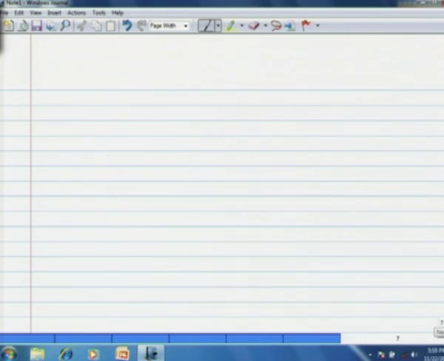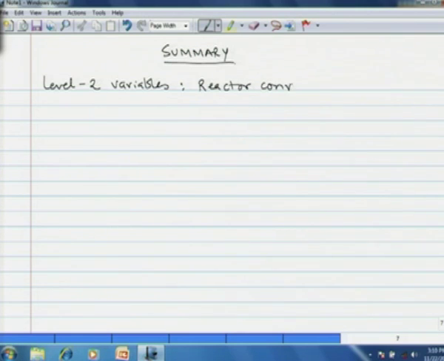So, now we summarize the design variables. Level 2 variables: reactor conversion, molar ratio of reactants, then the reactor temperature and pressure.